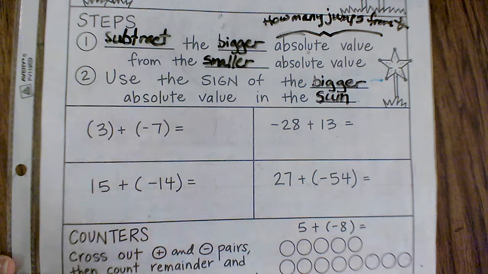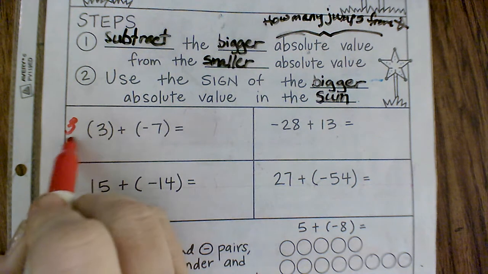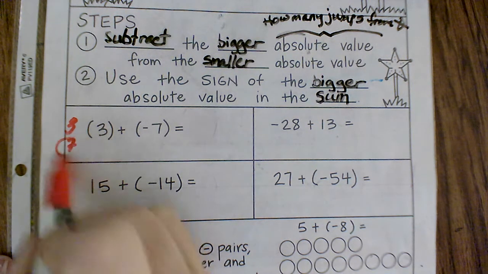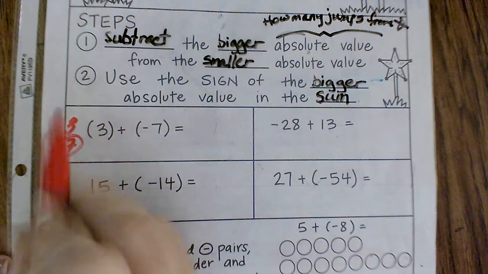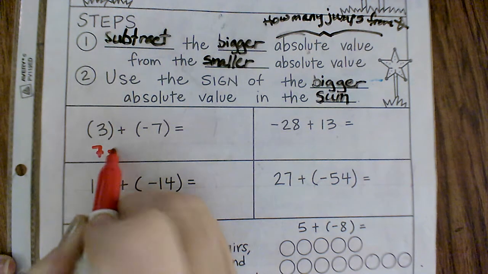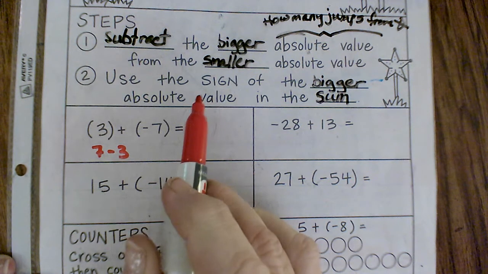Just not even going to pay attention. I'm going to look at the numbers 3 and 7. Which number is bigger, 3 or 7? Exactly, 7. So, I'm going to do 7 minus 3 because my step 1 is to subtract the bigger absolute.